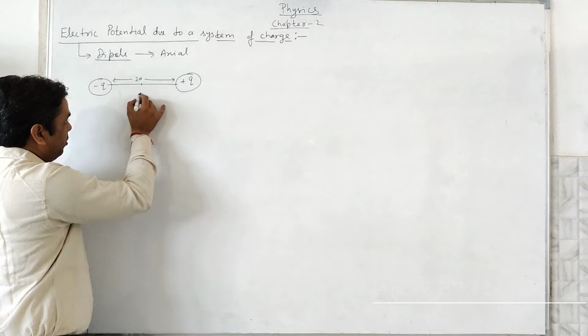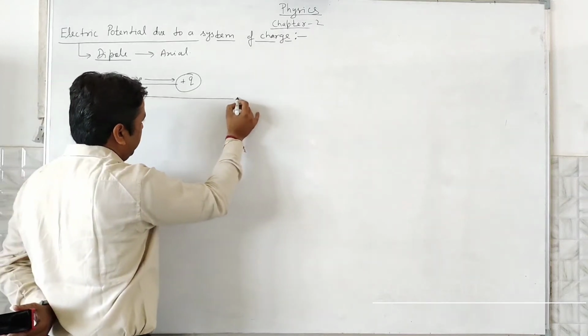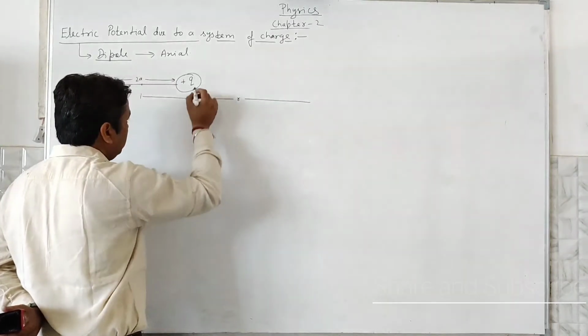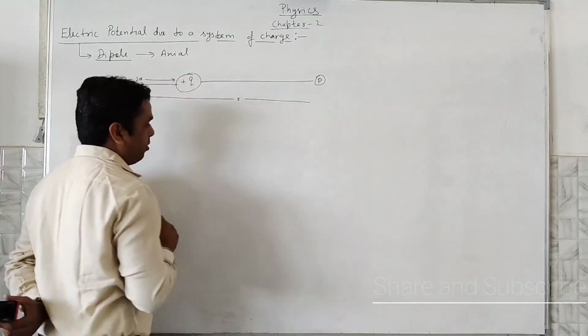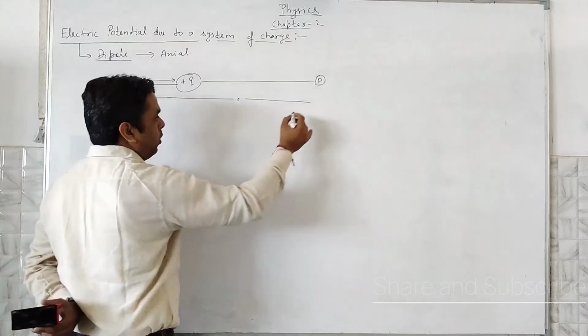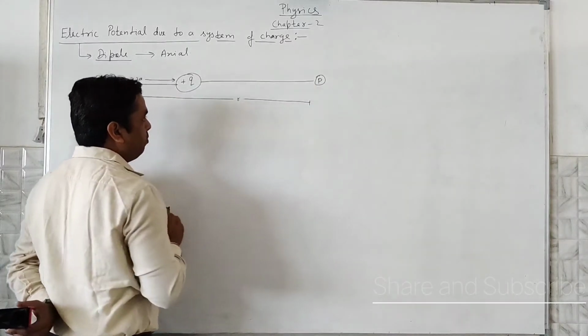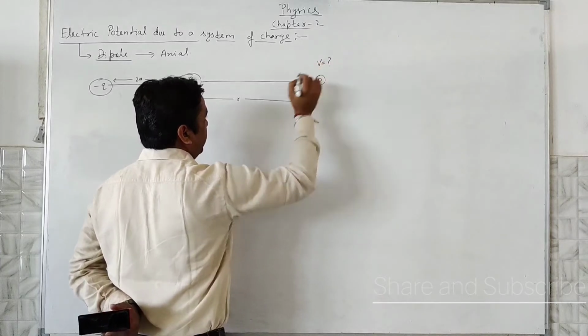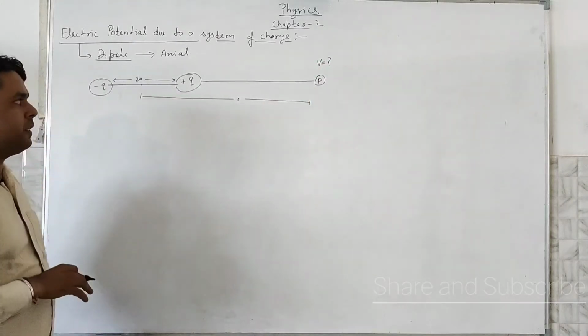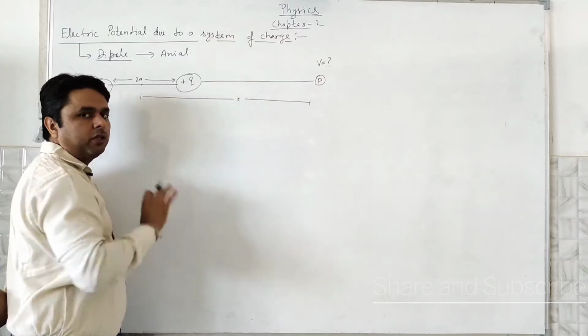From that center we have taken the distance r towards the side of the positive charge, to point P. So at distance r, P is the point where we are going to calculate our electric potential, which is lying on the axis of the dipole.